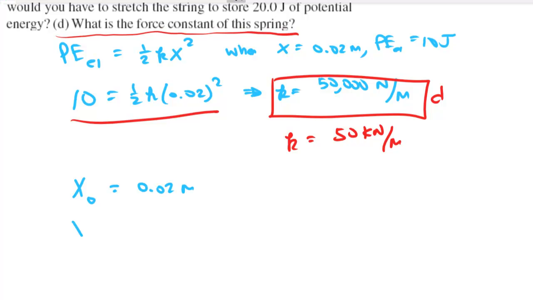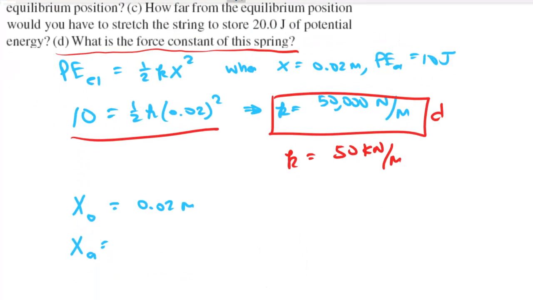For part A, the stretch was an additional 2 centimeters, so that's 0.02 meters plus another 0.02 meters, which equals 0.04 meters, or 4 centimeters. We could also say that this is twice as far as the original one, so this is 2 times x naught. If I go 2 more centimeters, it's twice as far as that original stretch.